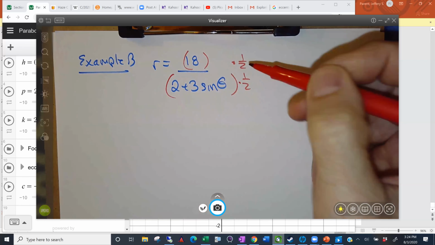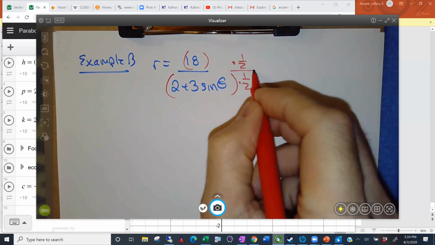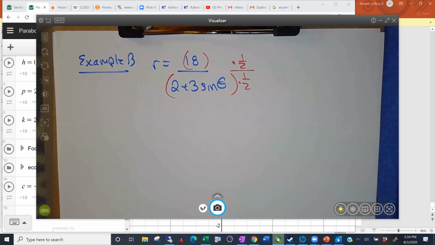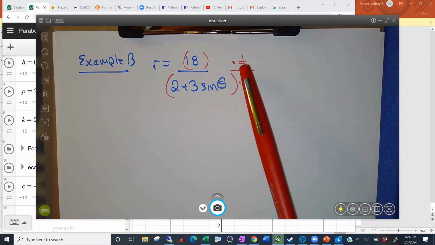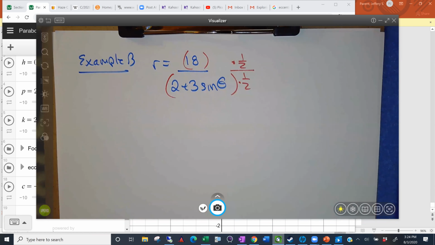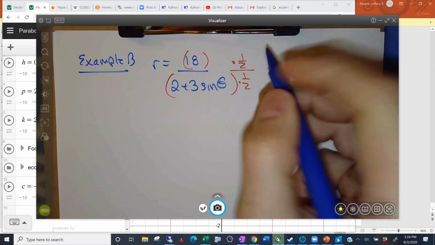So I'm going to multiply by 1/2 over 1/2, because effectively I'm multiplying by 1 when I do that. And when I do that, instead of canceling this, I'll just distribute in the denominator and multiply in the numerator. That's going to give me 9 over 1 plus 3/2 sine of theta.